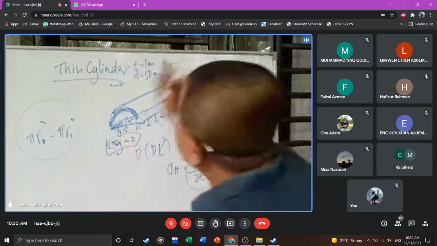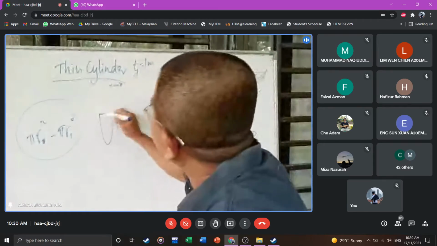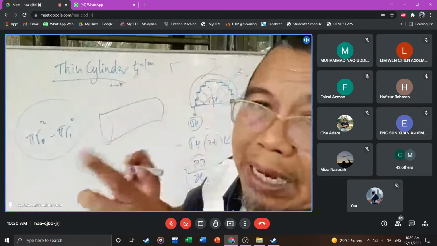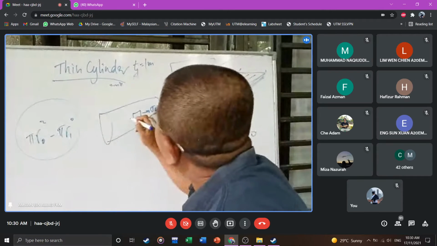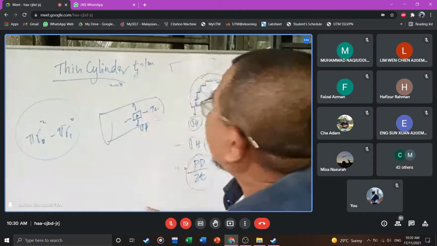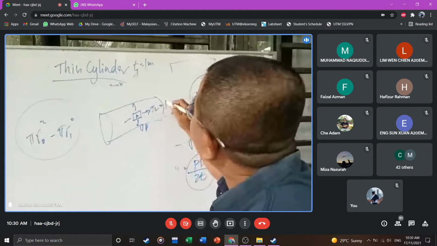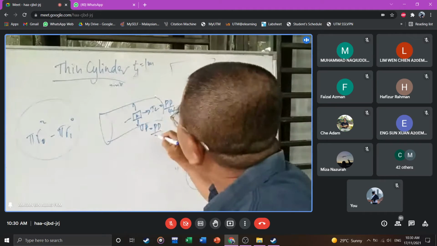So if we draw that nicely, when there's a pressure inside there, when we cut the element there, this is sigma L. This is sigma H. So your sigma L is PD over 4T. This is PD over 2T.